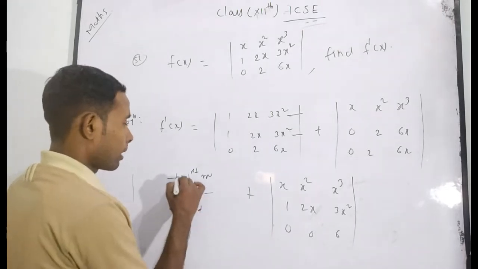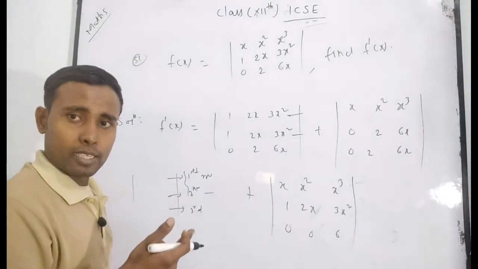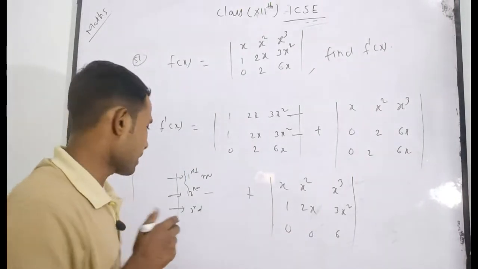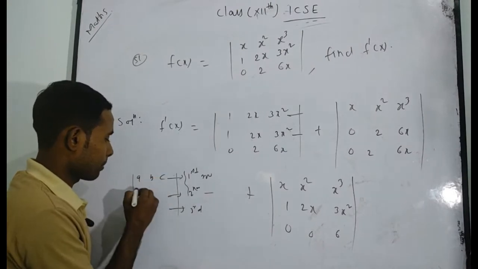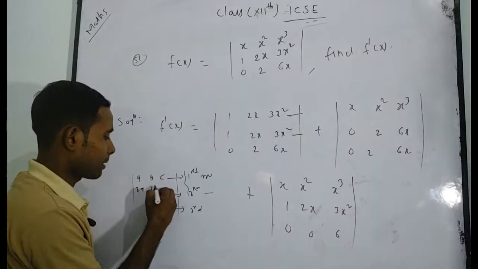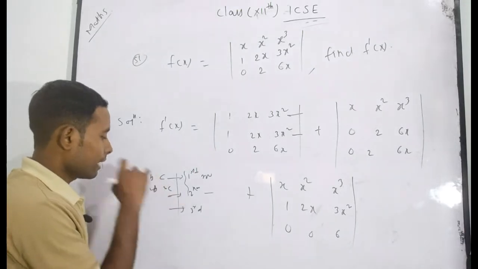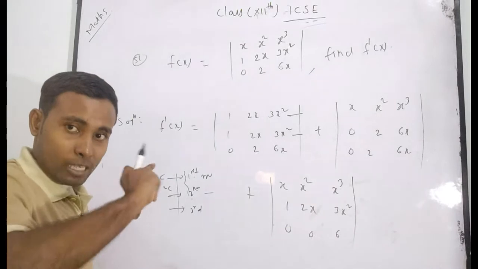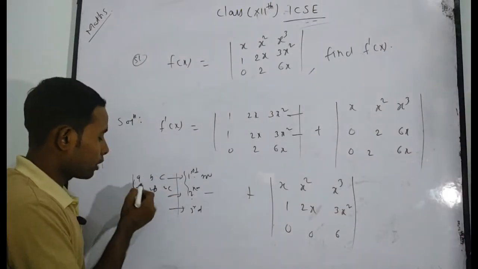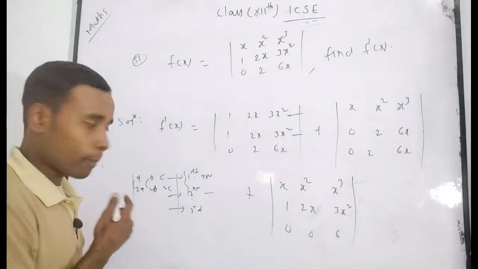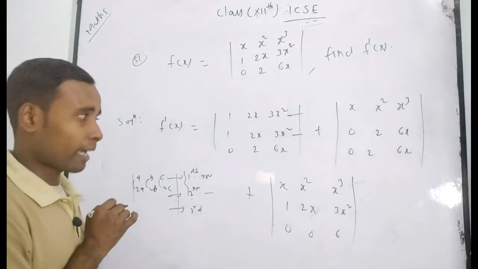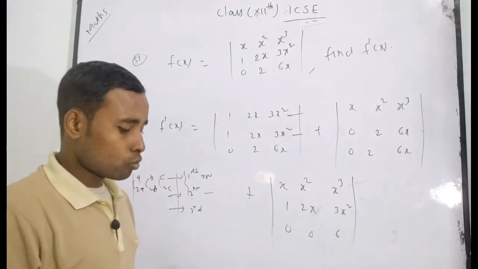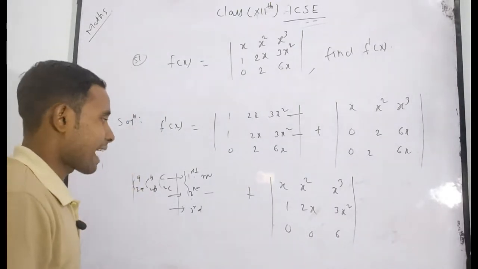If the ratio of two rows for each corresponding entry is the same, suppose there are A, B, C and 2A, 2B, 2C, then A by 2A is 1 by 2, B by 2B is 1 by 2, C by 2C is 1 by 2. In that case its determinant will always be 0. So you can write here directly 0.